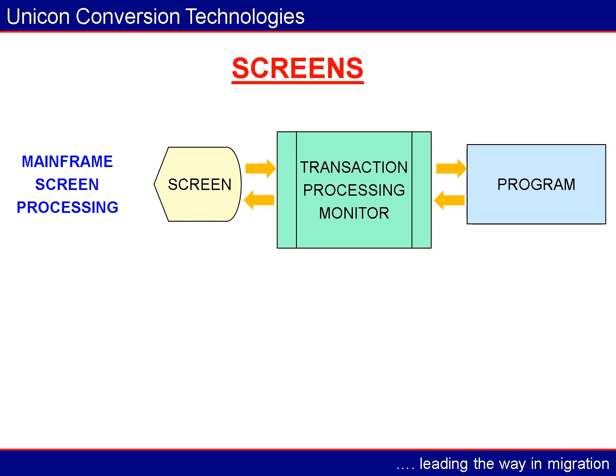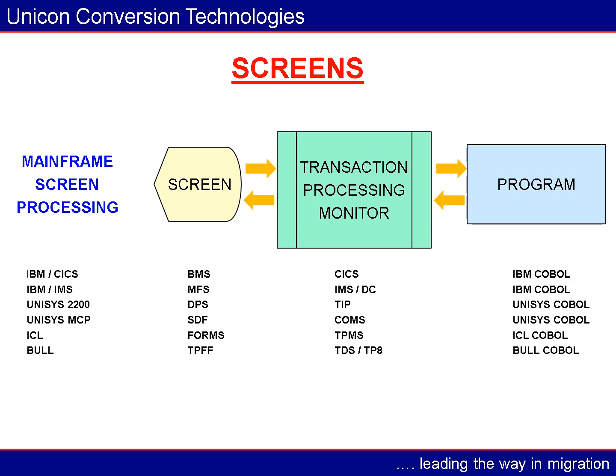This is the same process for all the migration platforms. IBM, Unisys, ICL, Ball mainframes all follow the same process. And it is the same process that a Windows platform uses to process ASPX.NET web form screens.